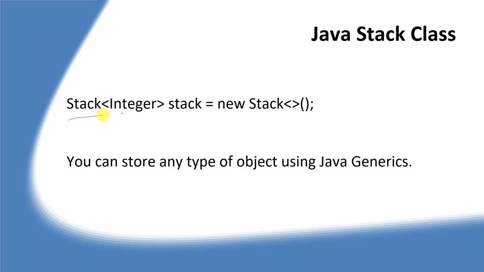We have seen with the example Stack and the generic class parameter. So this stack will contain values of integer type. You can store any type of object using Java generics. So here we can have a stack of String, stack of Double, stack of Float, based on need. This is the advantage of using generics.